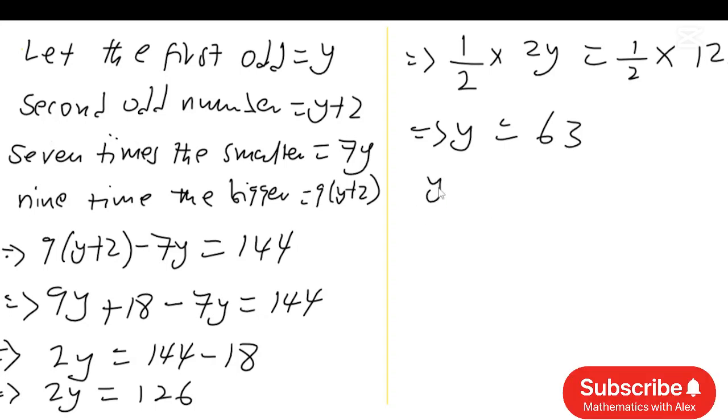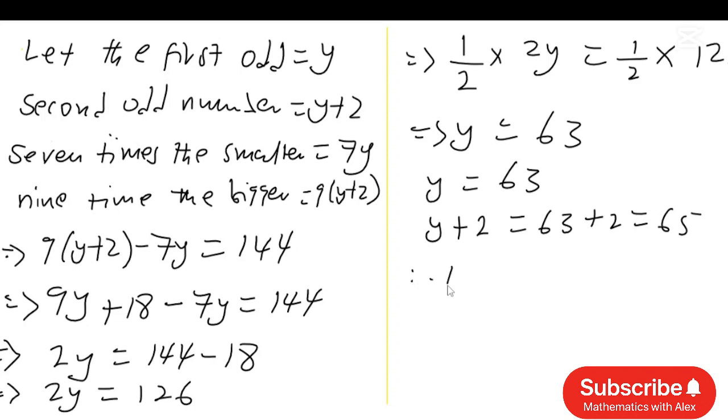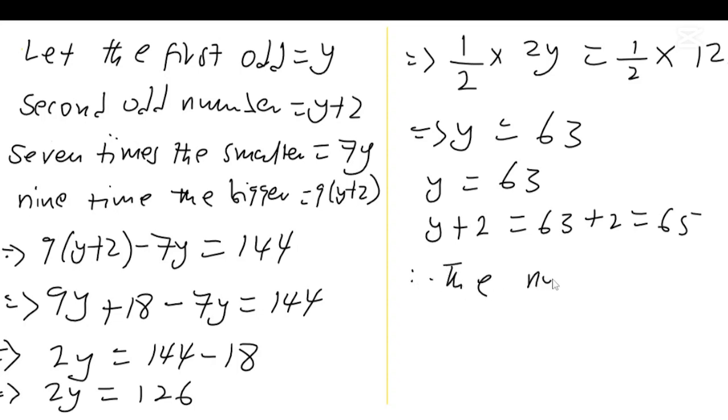So if our y is equal to 63, our y plus 2 is giving us 63 plus 2, which is 65. So therefore, the numbers are 63 and 65.